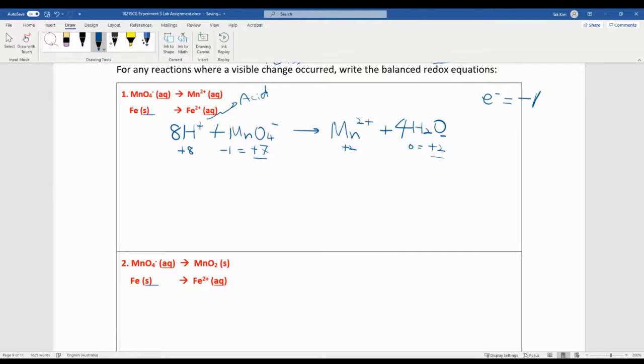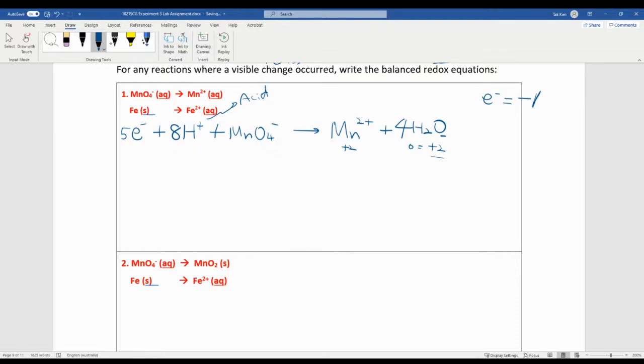So since over here charge is plus 7, you'll need to add electrons. So to make these numbers equal, you'll need to take away 5 charges, right? So to do this, you'll need to add 5 electrons, right? Now everything is balanced, including the charge.